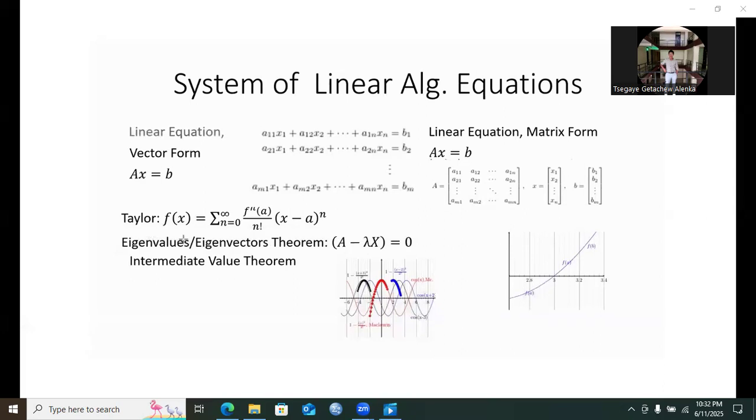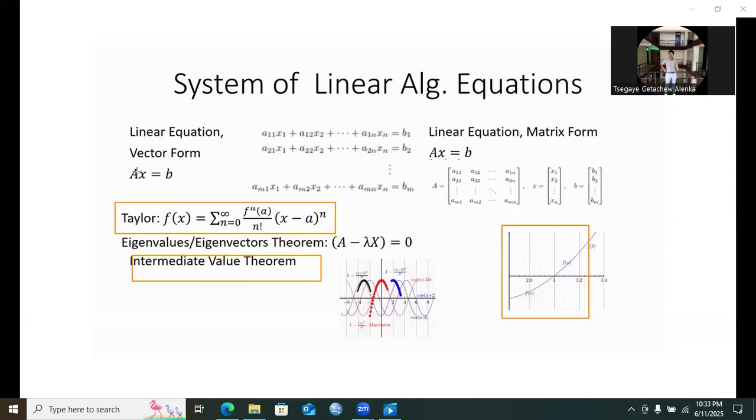As you may recall, we discussed the motivation of studying numerical methods as engineers in the first video. In the second video, we started the linear algebraic concepts such as the intermediate value theorem and Taylor series expansion, alongside their application in transforming and simplifying complex functions to manageable polynomials.